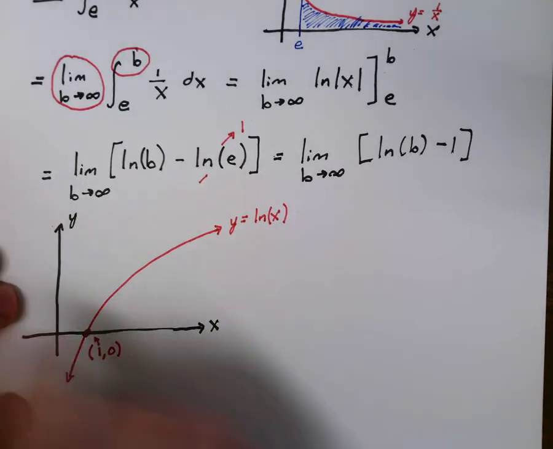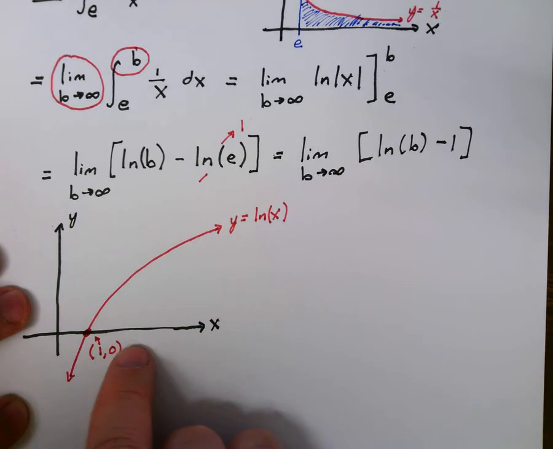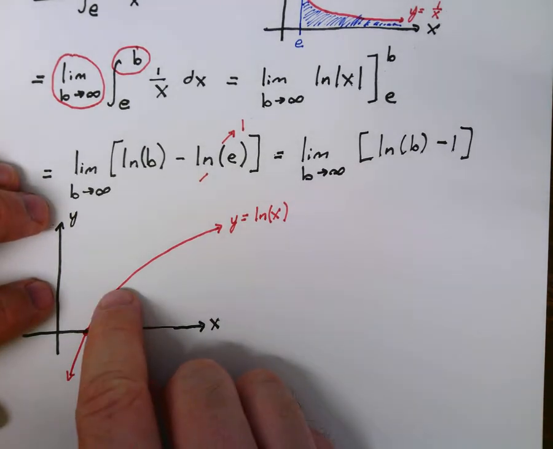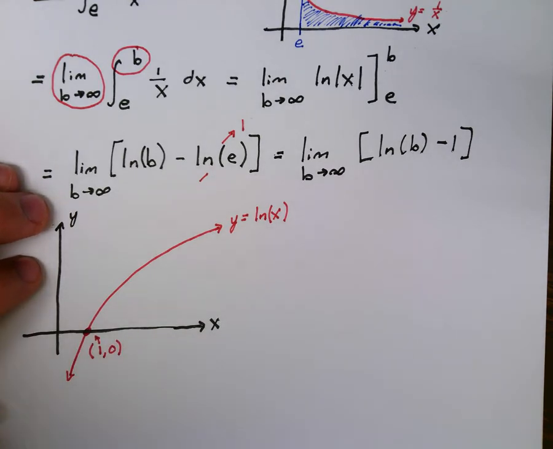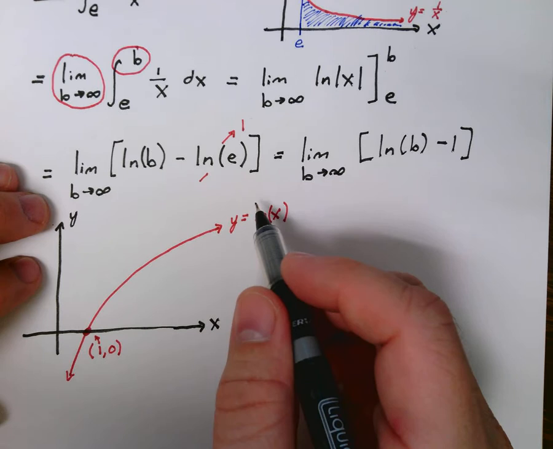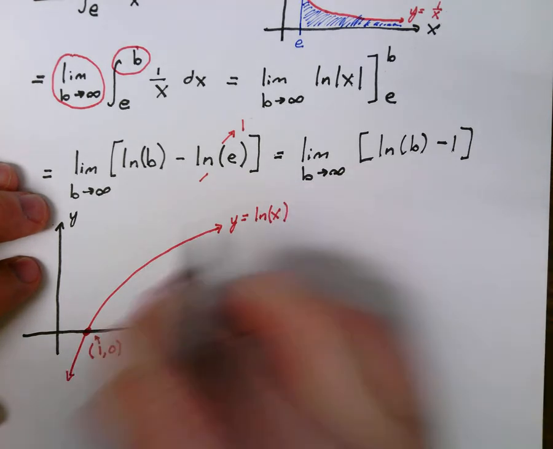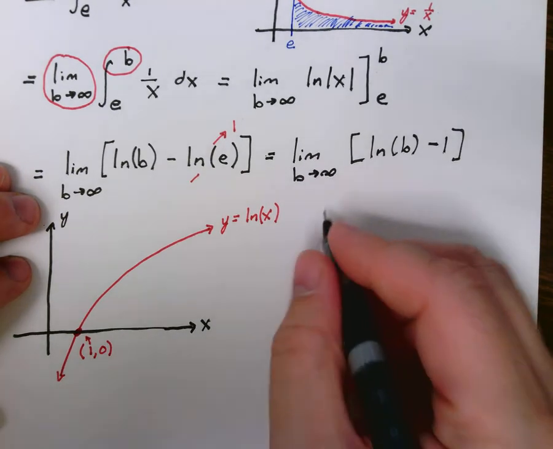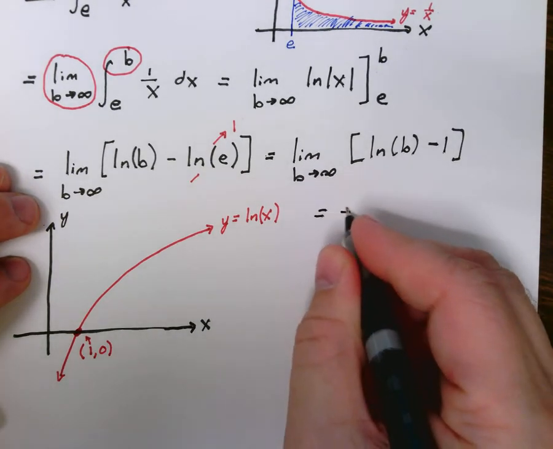Alright, and of course at e, which is bigger than 1, remember e is about 2.7, the value is roughly going to be 1. And it keeps going forever. But we see that the natural log of x continues to rise. It's a monotonically increasing function. It goes up to infinity. So this actual limit is equal to plus infinity.